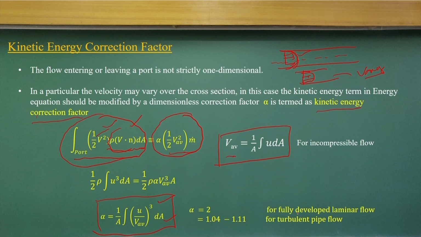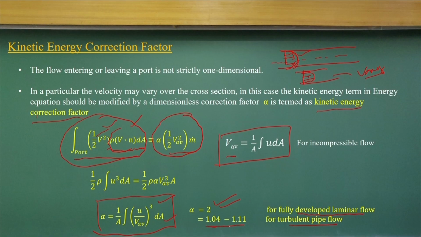For fully developed laminar flow, this alpha value is about 2. For turbulent pipe flow, it varies from 1.04 to 1.11. That is the biggest problem. Many fluid mechanics books do not give the alpha value. They consider the alpha value close to 1, or indirectly they represent that the flow is turbulent. The alpha variation of 1.04 to 1.11, they do not consider, but that is not correct.